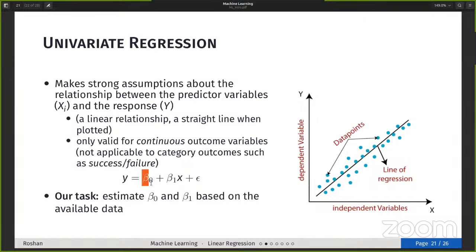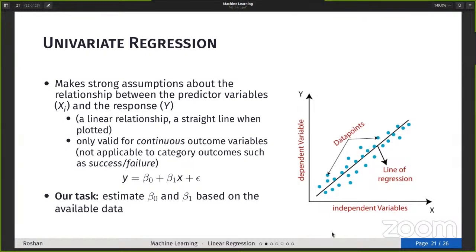That is my intercept. Our task is to find this line. If I want to find this line, I want to find beta 1 and beta naught. That is our ultimate task in univariate regression.